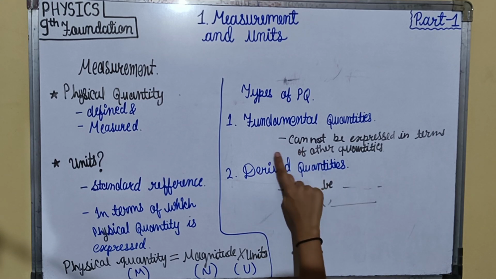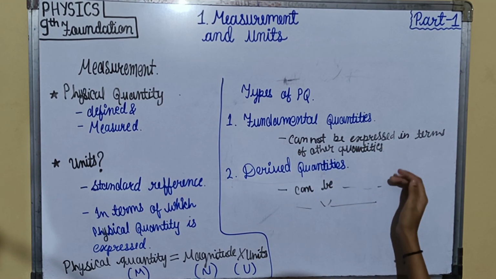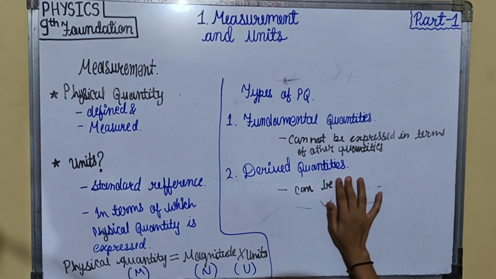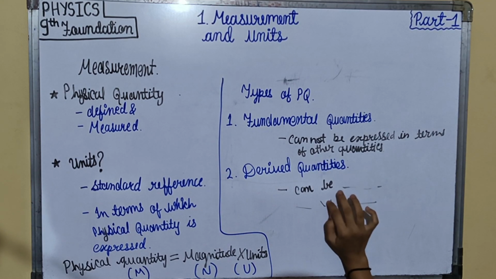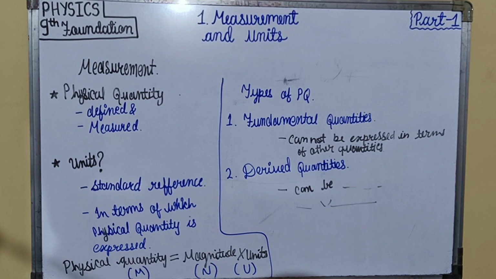The example of fundamental quantity would be time, because it cannot be expressed in other quantities. But for derived quantities, the example would be speed, because speed can be expressed in other quantities, that is distance upon time. That's the difference.